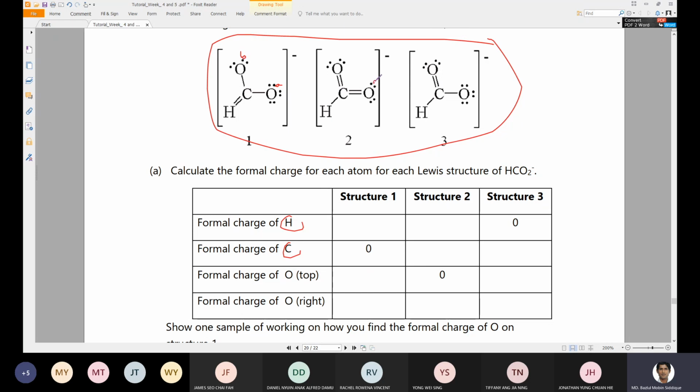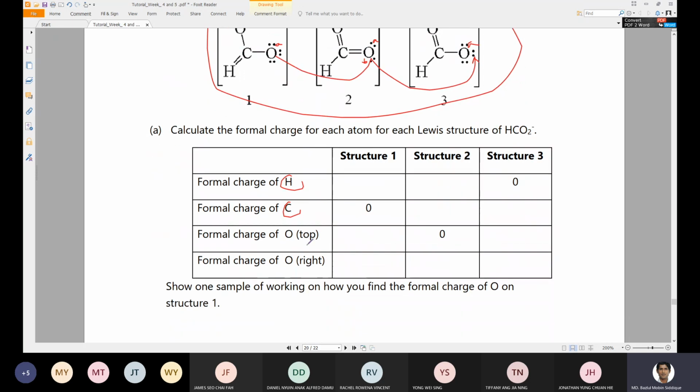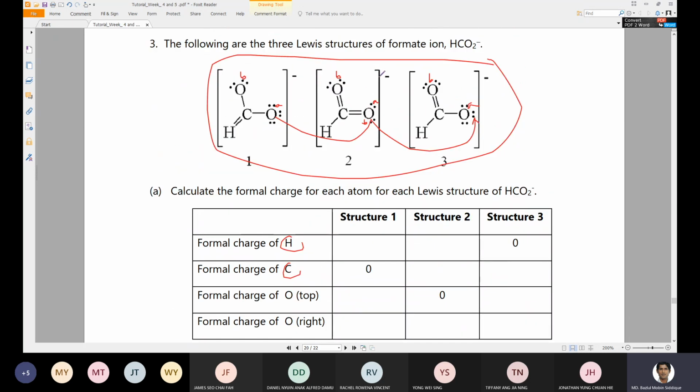A and B all the same. If you put B here, this oxygen, you should put B here as well, not A. This oxygen and this oxygen should have the same denotation, so it will be A as well, and this is B, because there are many oxygens, more than one, so top and right also you can put in that way.